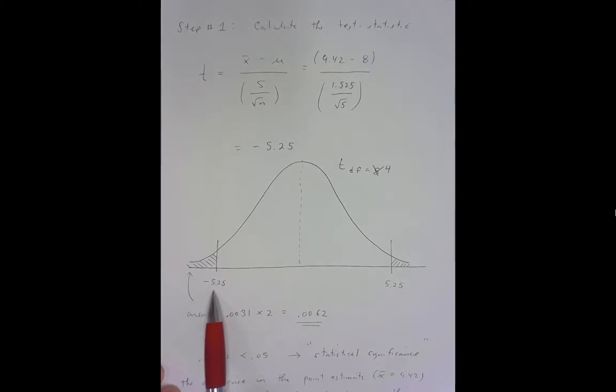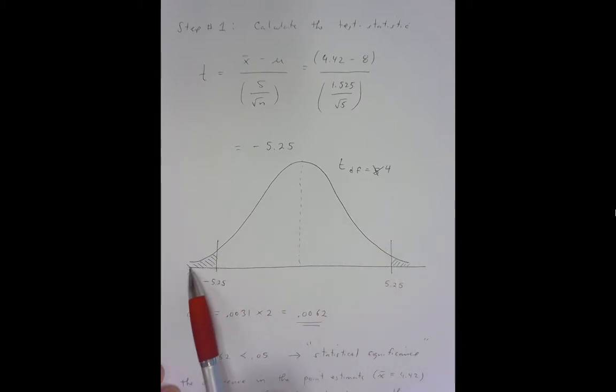We insert this value on our t-distribution, so the p-value is the area outside that range of negative 5.25, but we also have to account for the 5.25 because we're doing a two-tailed test, not equal to.